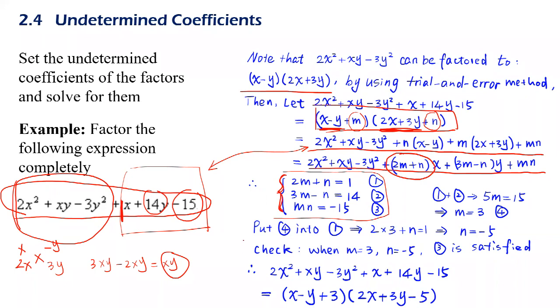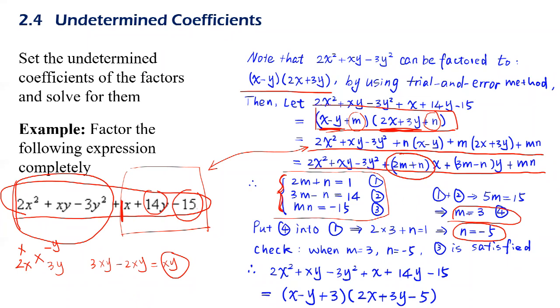So the values of m and n should satisfy all of the equations here. And actually, we can solve for m and n according to the first two equations, right? According to the first two equations, we can solve that m is 3 and n is -5. And remember that the third equation must also be satisfied, so we also need to put these values into the third equation to verify, right? If we put m equals 3 and n equals -5, you can see that it also satisfies the third equation.